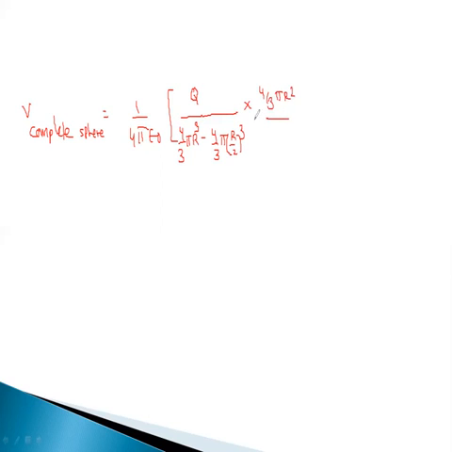This is the total charge if the complete sphere is there, divided by the distance from the sphere's center to the point, x only. And what is the potential due to the removed part?